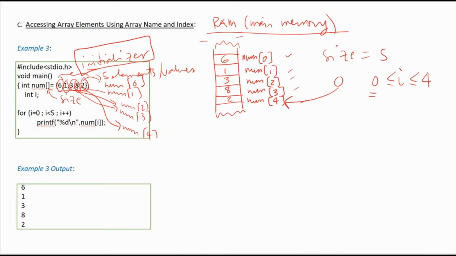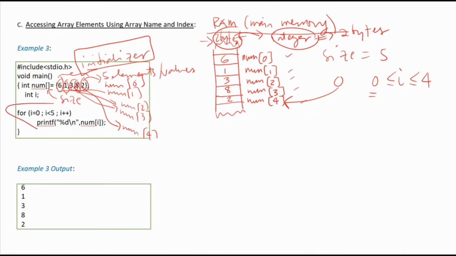And each location is 2 bytes. Why 2 bytes? Because the type of each element is integer, and you know for a fact that integer type values are allocated 2 bytes of memory. So each of these locations is 2 bytes since each one is type integer.